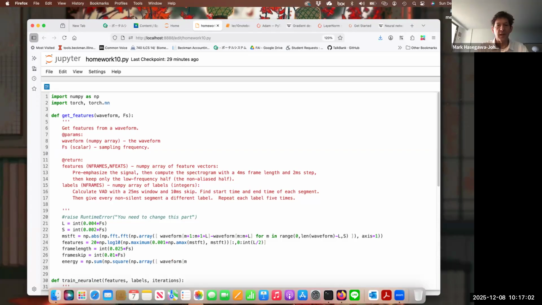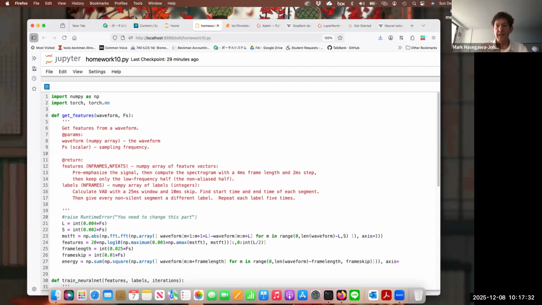And this time we don't need to pre-emphasize because we're just calculating energy. And we want to take the sum again along the row axis.